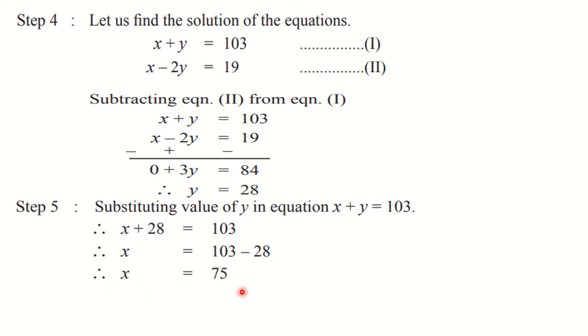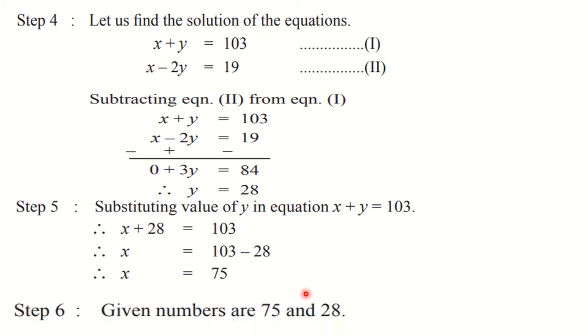That is x is equal to 75. In this way we have got the values of both the variables. Then, since it's a word problem, the last step is to write down the answer as a statement. Therefore, the given numbers are 75 and 28. Or you can say that the greater number is 75 and the smaller number is 28.